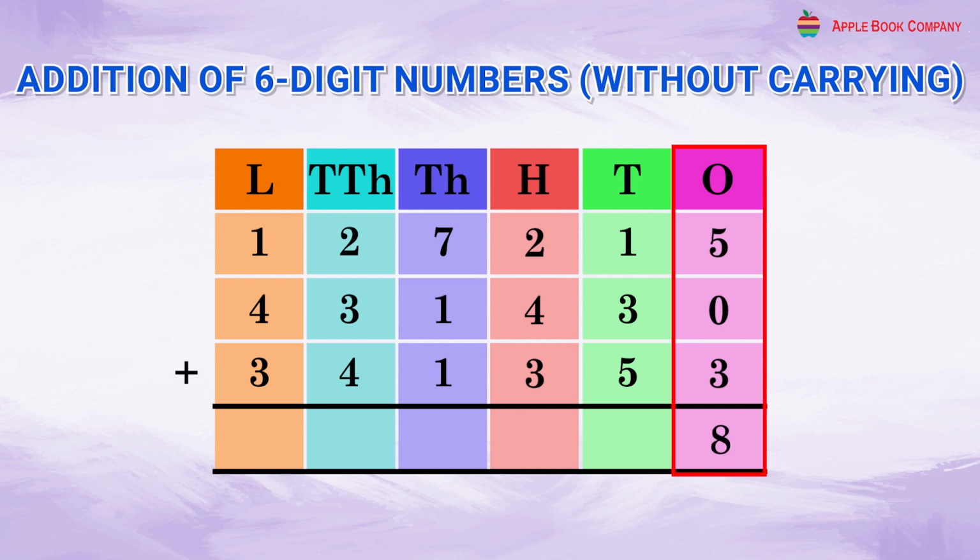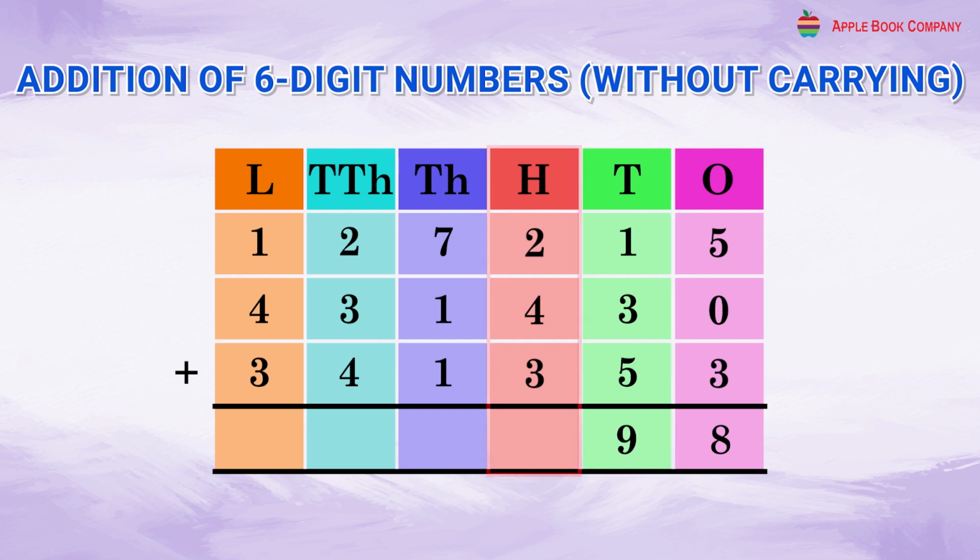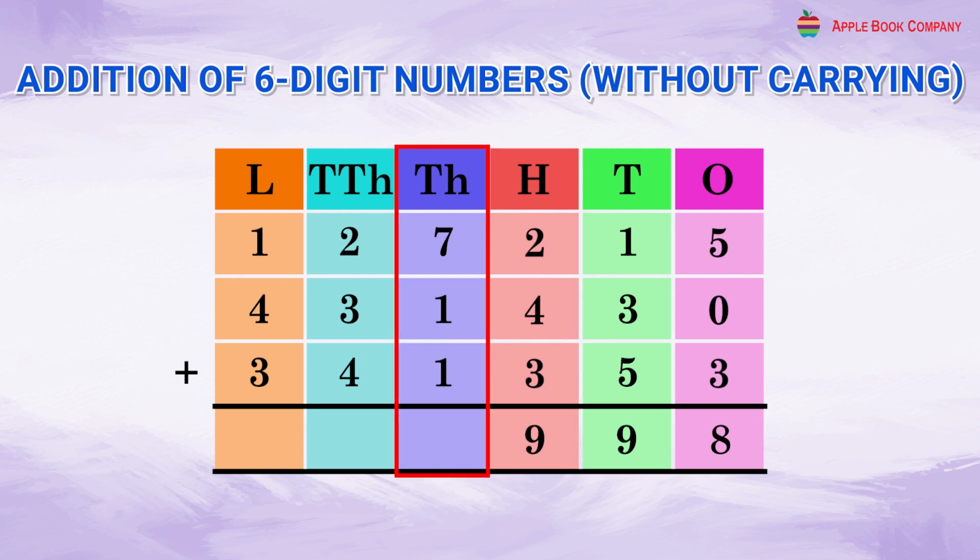In step 2, add tens. 1 plus 3 plus 5 is 9. In step 3, add hundreds. 2 plus 4 plus 3 is 9. In step 4, add thousands. 7 plus 1 plus 1 is 9.